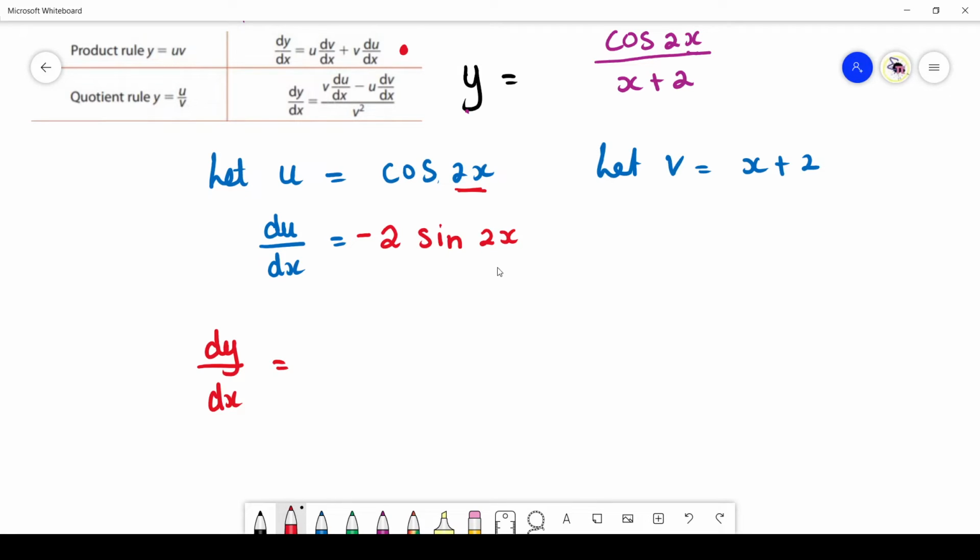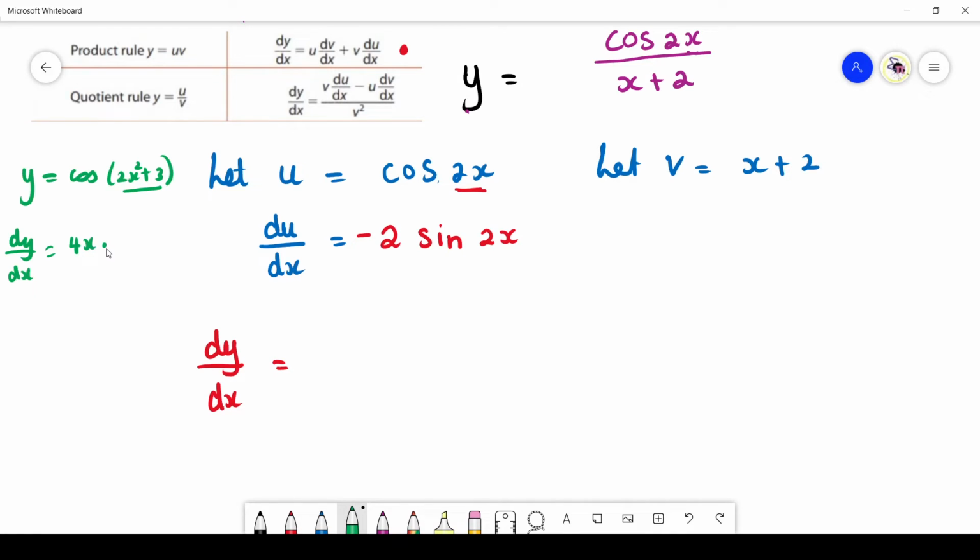A side note for those of you who are still concerned about questions like these: if you had to differentiate y is equal to cos of (2x squared plus 3), then the derivative of that function would first be, you differentiate what's contained within brackets, and that gives you 4x alone.